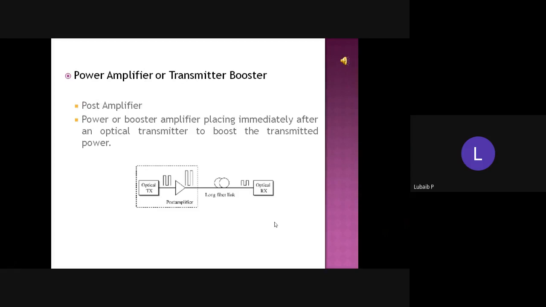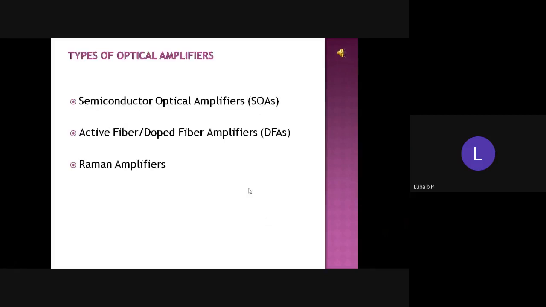In these ways we can use optical amplifiers in optical communication. There are different types of optical amplifiers. The important types are shown here. The first is semiconductor optical amplifiers, SOAs, then active fiber or doped fiber amplifiers, that is DFAs, and Raman amplifiers.